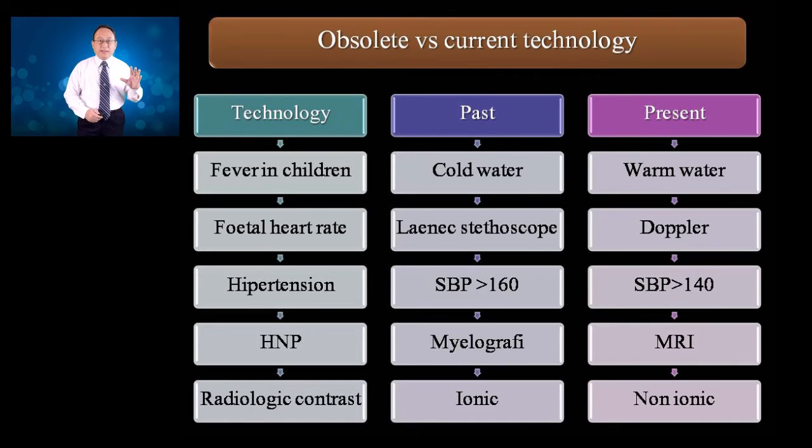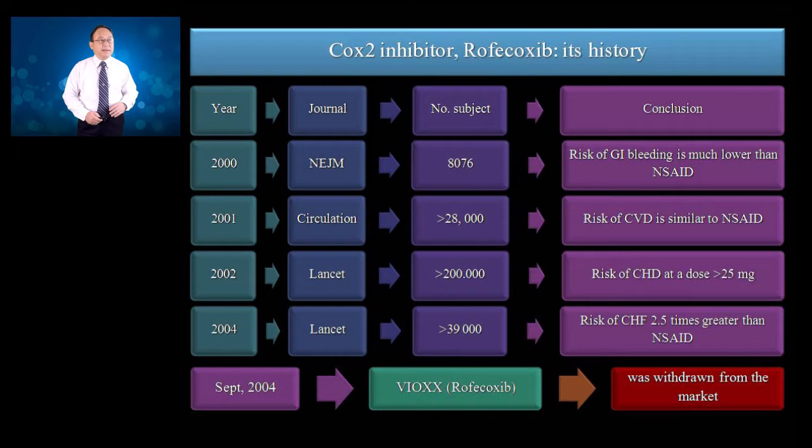A good lesson can be seen from this slide. Let me show you the story of the drug we call rofecoxib. In 2000, it was published in the New England Journal of Medicine, a very high-ranking medical journal, that the study showed the risk of GI bleeding is much lower than with NSAIDs.